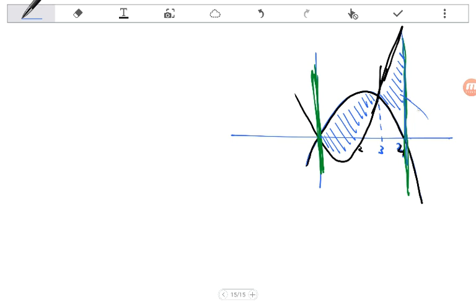So I consider it as an acceptable region for me. He limited the consideration of the region to the interval from 0 to 4. I didn't take this, for example. Why? Because it is not bounded between both curves. I'm just looking at this one and this one. So I'm looking at this region.